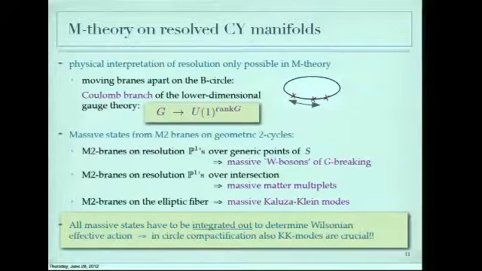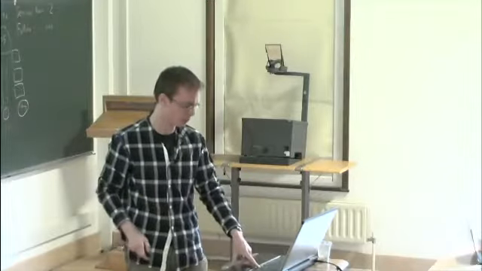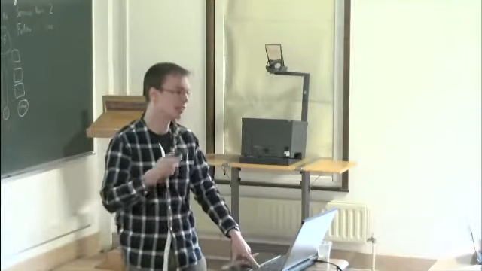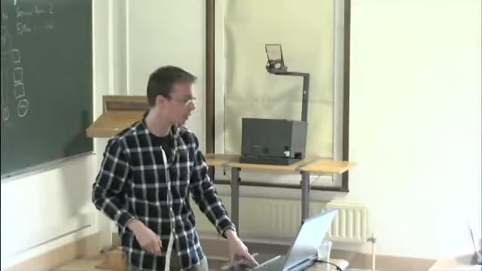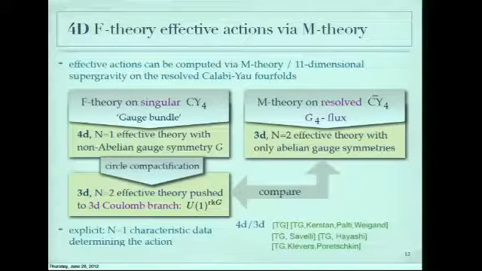So in other words, in order to determine the Wilsonian effective action in 3 dimensions, we have to integrate out these modes, including the Kaluza-Klein modes. And since it's an odd-dimensional theory, a 3-dimensional theory, they will all play a role.